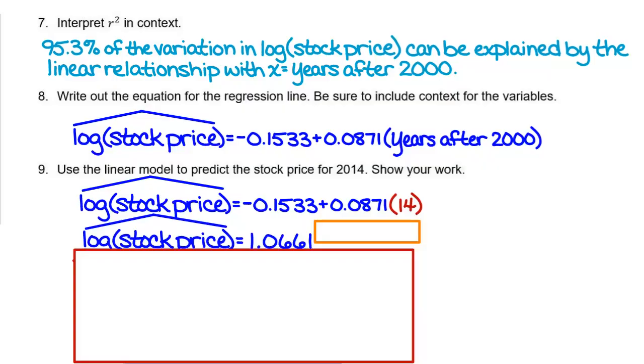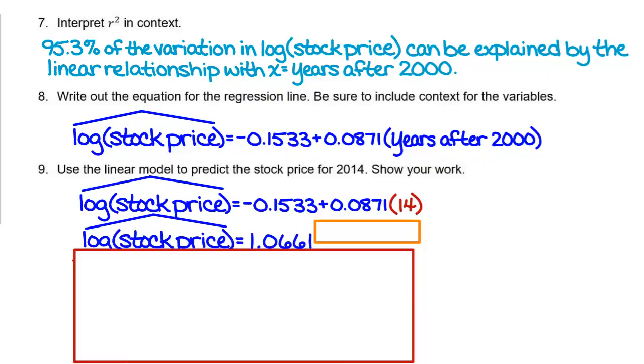Because I want to get just stock price by itself. I don't want it to have the log next to it. Close. What's the word? Exponential. Yes, we're going to exponentiate. Or you could just rewrite it as an exponential. You can either exponentiate, where you raise both sides to the power of whatever this is.